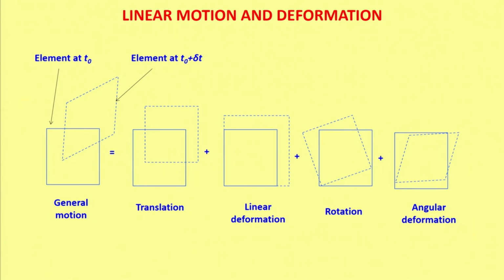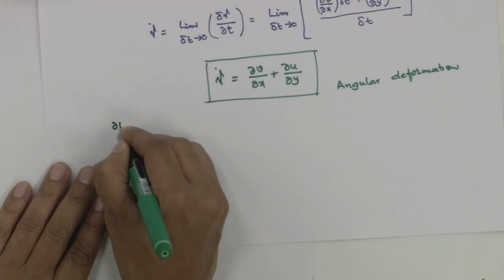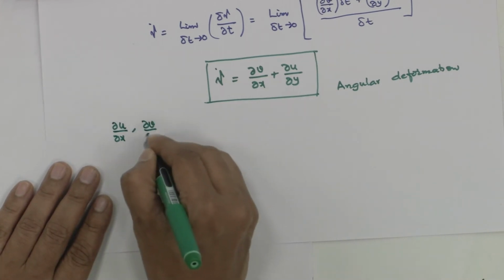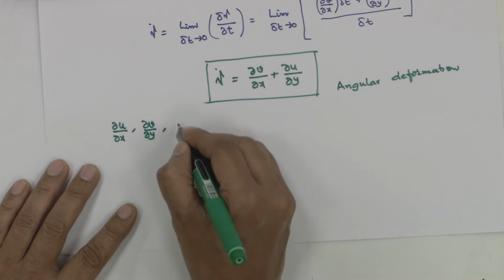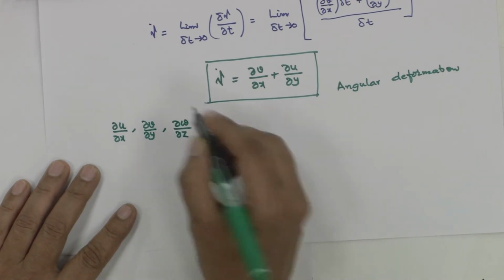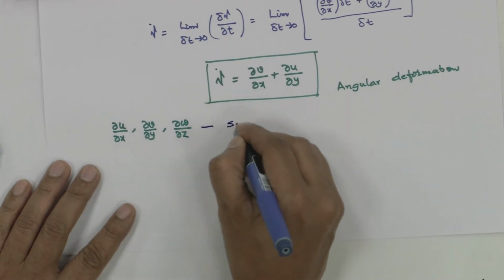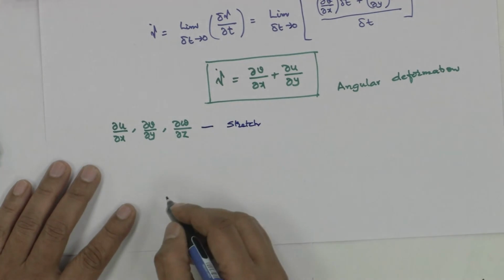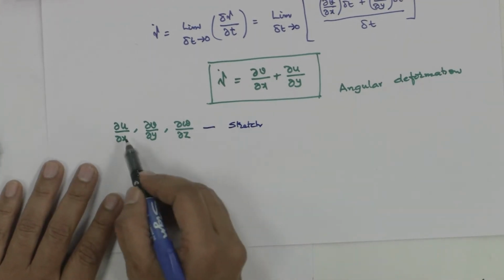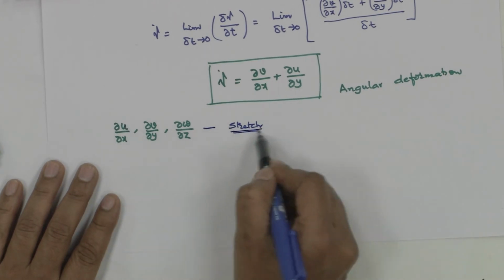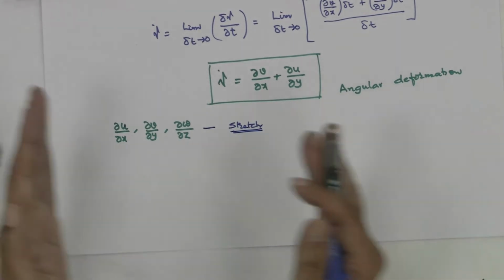Just to summarize, the linear deformation: if you take velocity u varying in x, where u is in the x direction, v in the y direction, w in the z direction, that is, the same velocity in the same direction changing, that would cause stretching. So we should remember that del u by del x is not velocity variation in x, it should be imagined as my fluid element either stretching or getting compressed.